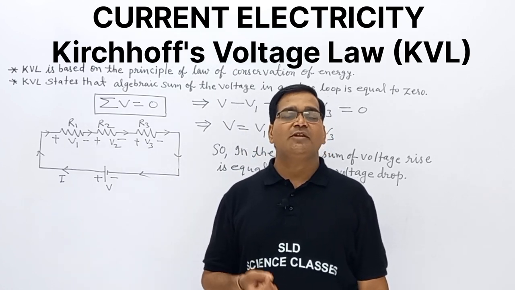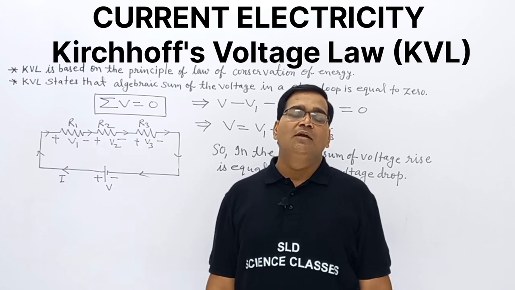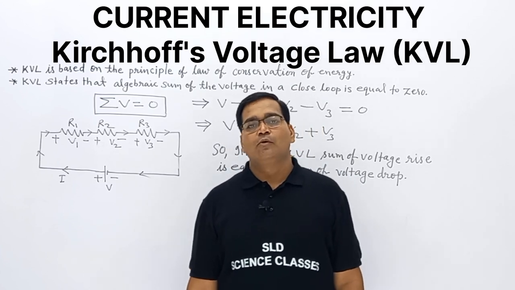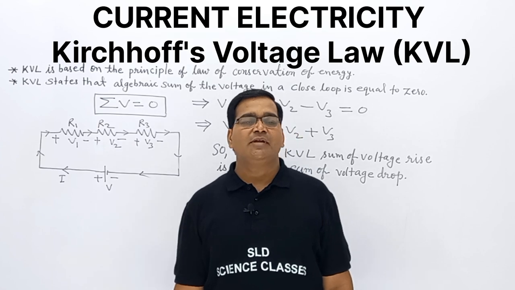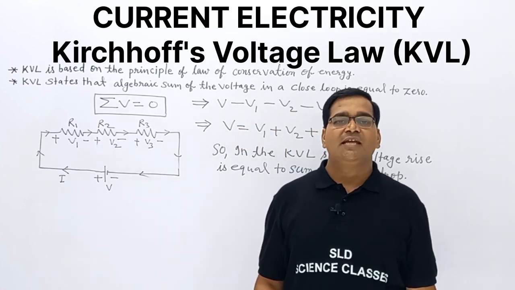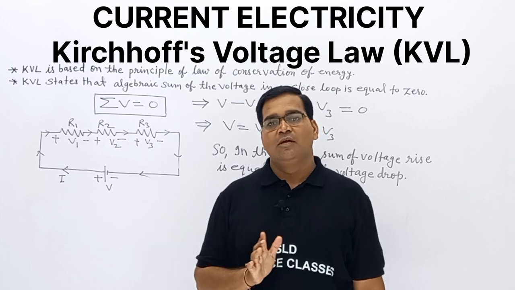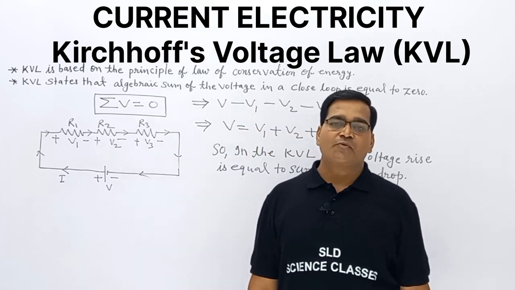Number two is Kirchhoff's second law, which is Kirchhoff's voltage law. KCL is the abbreviation of Kirchhoff's current law, and KVL is the abbreviation of Kirchhoff's voltage law.